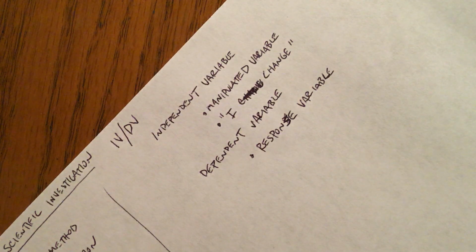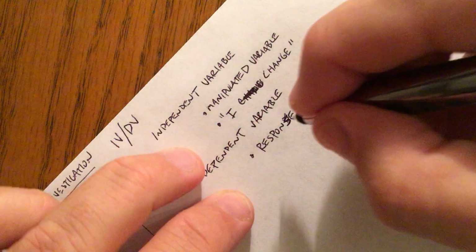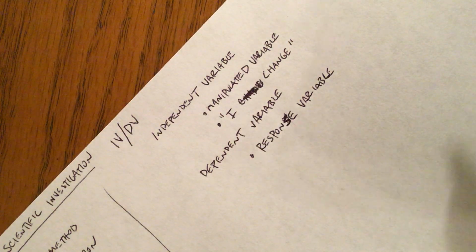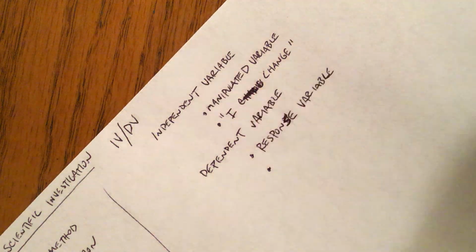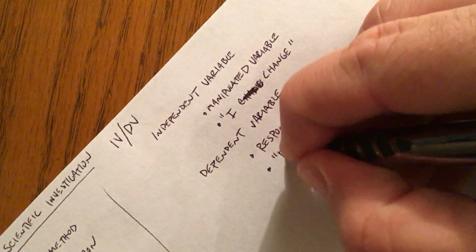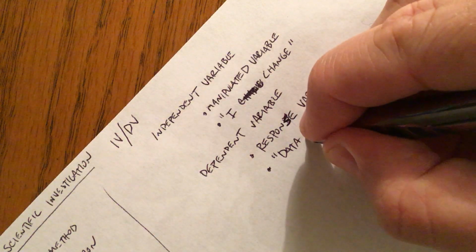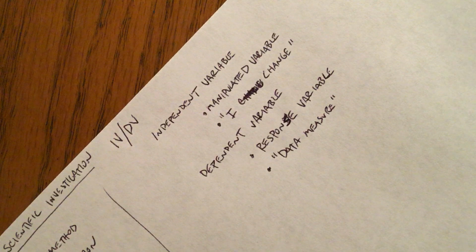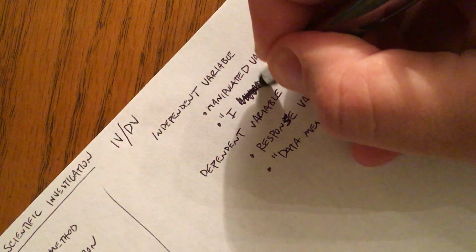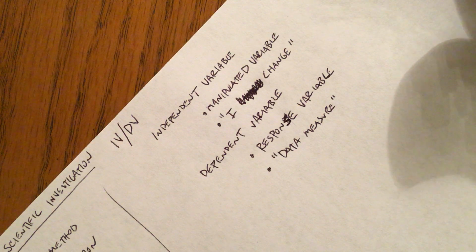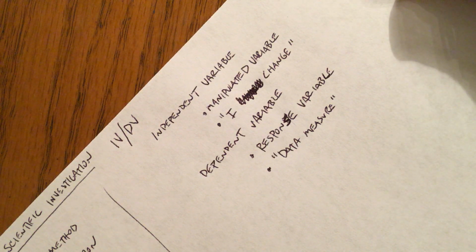You don't intentionally change this. You're seeing if it responds to the independent variable. Sometimes teachers will say the D in DV stands for the data that we measure at the end of the experiment. So independent variable is a variable I change. Dependent variable, the DV, is the data that we measure.